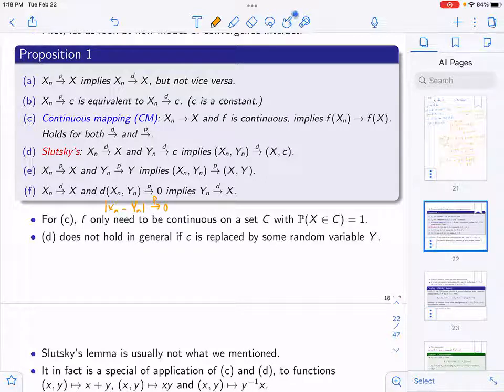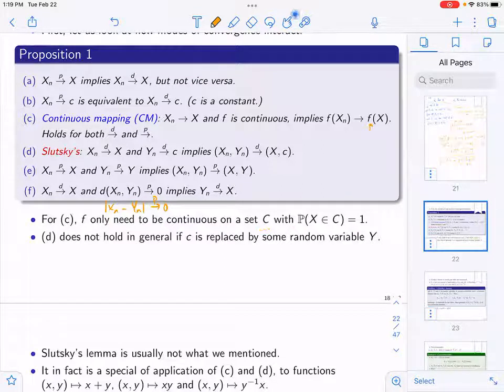For part C, the continuity of F is only required on the set C on which X puts its mass. So if I have a set C such that the probability that X belongs to C is 1, I only need F to be continuous there, as you can imagine, because like in probability, most of the things that we talk about are still true if they hold on a set of measure 1.